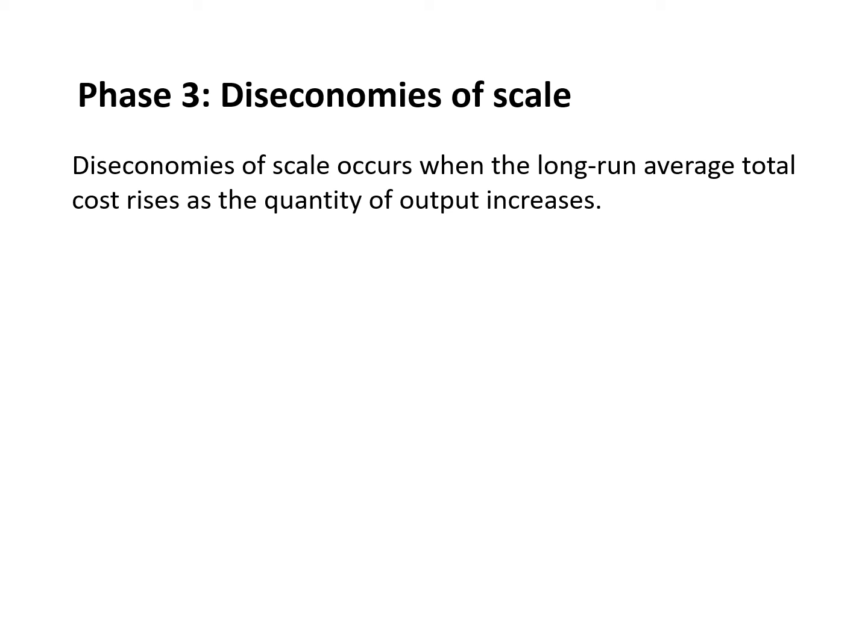Beyond a certain scale, firms will often start to see diseconomies of scale. As they become larger, their unit costs become higher and higher. This occurs when the long run average total cost rises as the quantity of output increases.